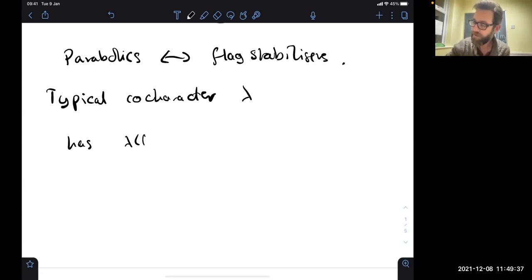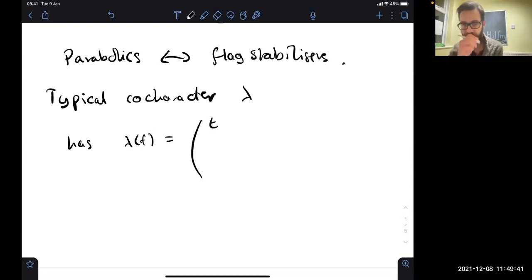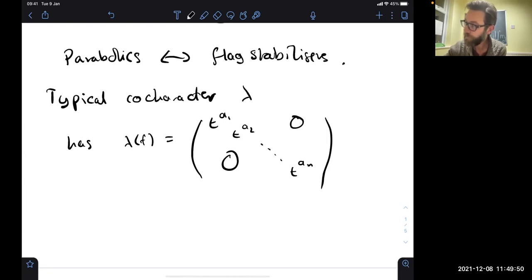So lambda of t is going to be a diagonal matrix, and I'm just going to get t to various powers. Maybe I get t to the a_1 up to t to the a_n. And these powers are integers.